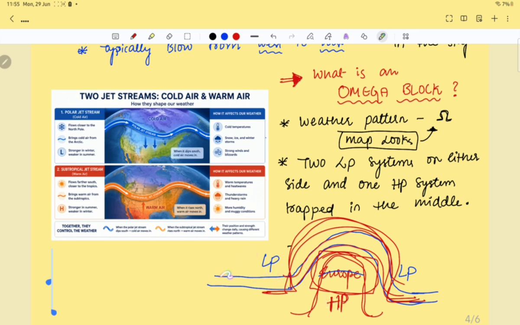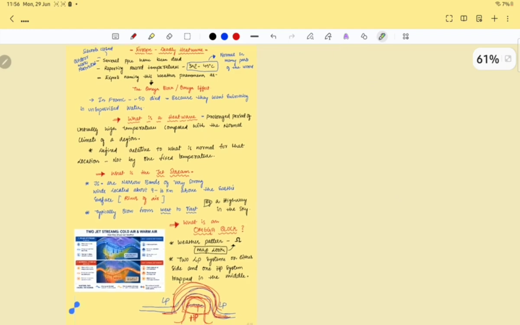So normally, the jet stream moves the weather further. What happened in Europe is, the two low pressures and the high pressure trap made the jet stream bend like this, which looks like an omega. I'll show you the clear picture here.